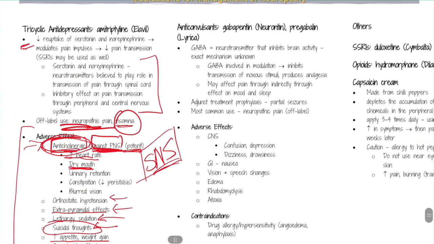Another thing that we would use for neuropathic pain would be an anticonvulsant. The two main ones are gabapentin and pregabalin, or Neurontin and Lyrica. GABA is a neurotransmitter that inhibits certain brain activity. Of course, the exact mechanism is unknown, which actually helps us because we don't have to memorize it.